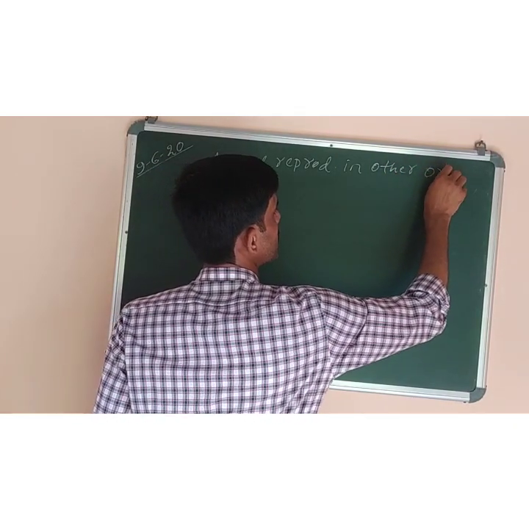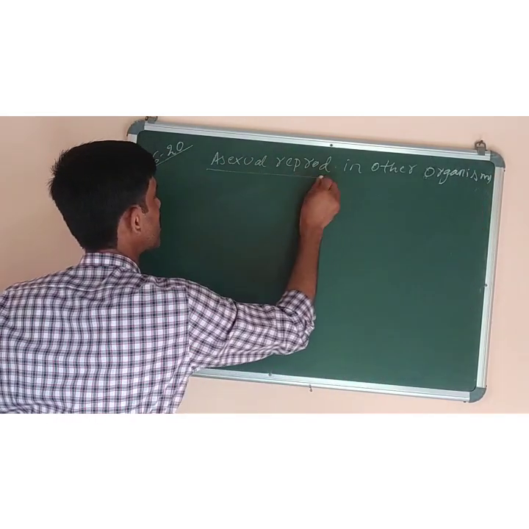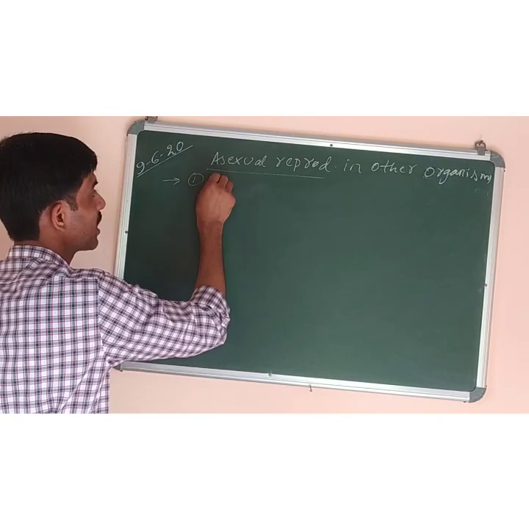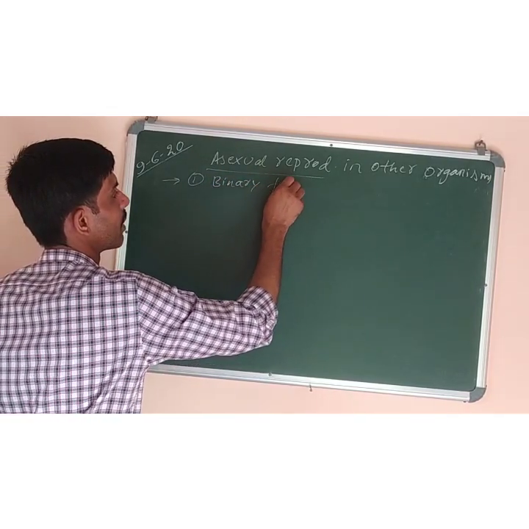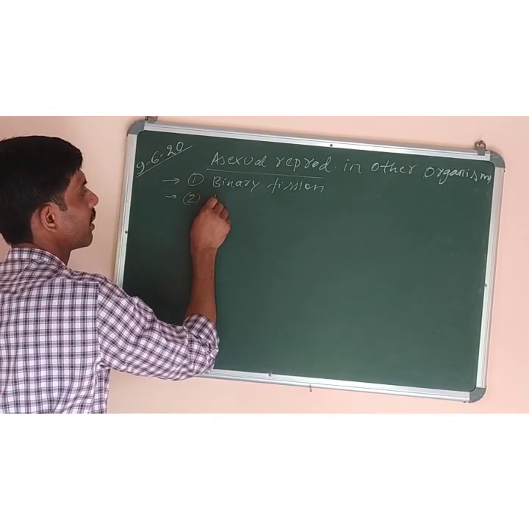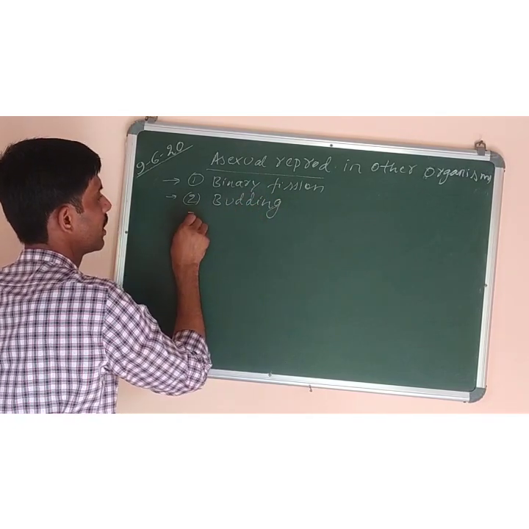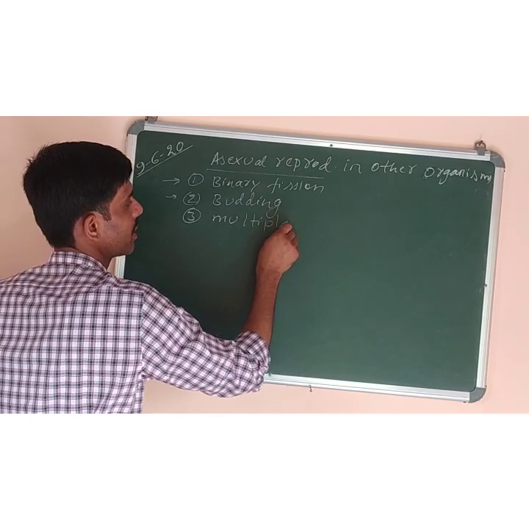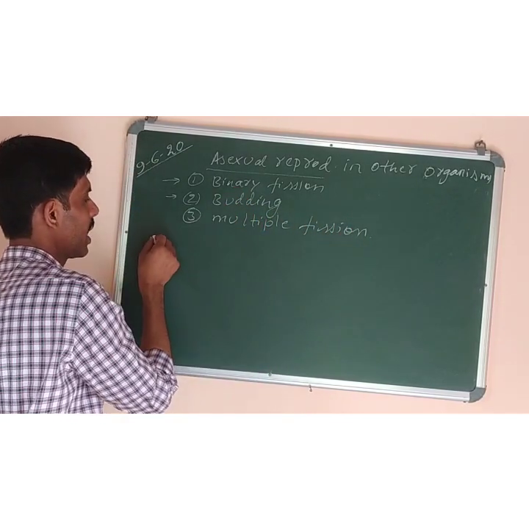It can be animals. Okay, so there are three main methods. What are they? Number one is binary fission. Number two, budding. And third one is multiple fission. I'll just explain each of them with the help of an example.